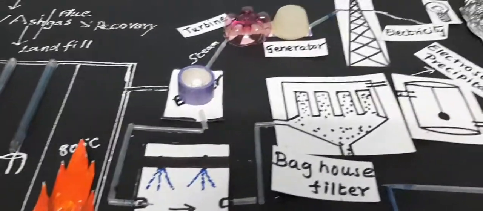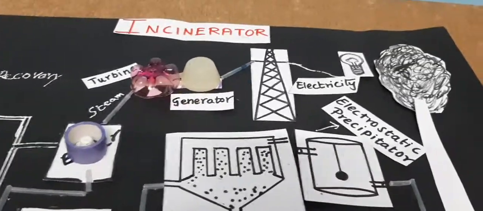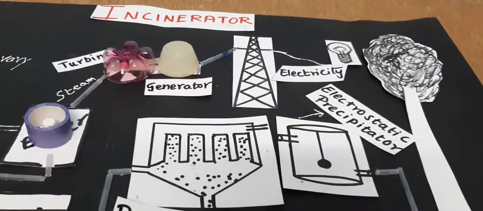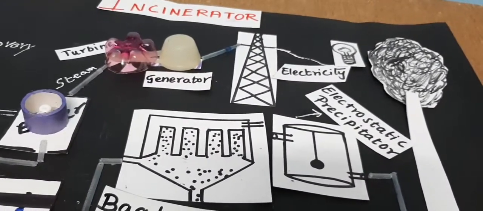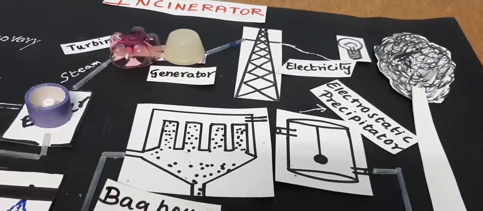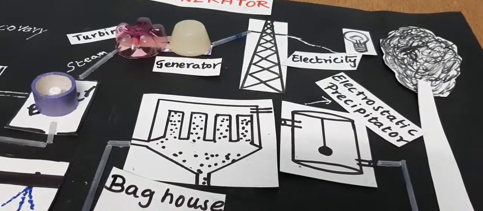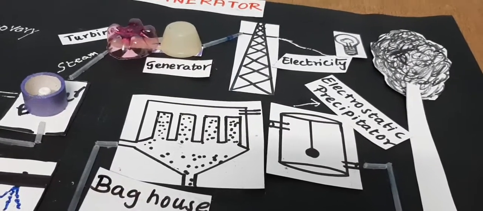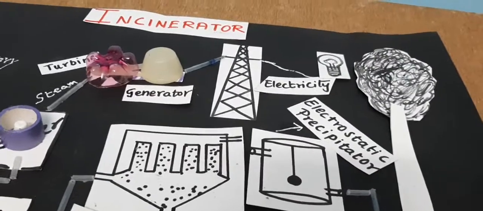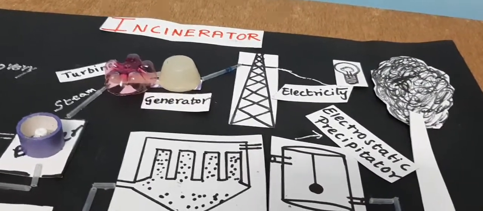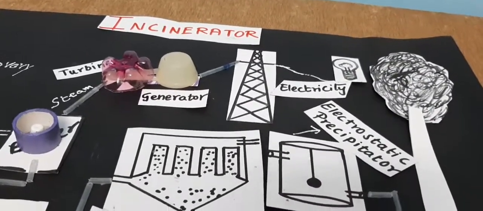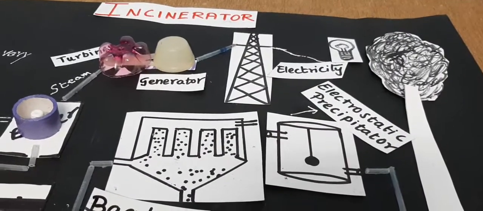In spite of all this cleaning process, the emissions may still contain carbon dioxide, carbon monoxide, oxides of nitrogen, oxides of sulfur, and metallic particles. Exposure to particulate matter leads to various diseases that have short and long term health effects.